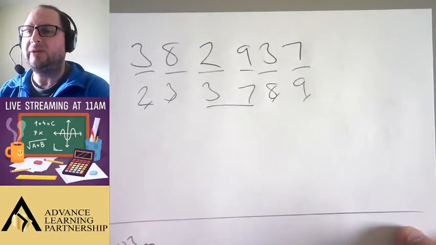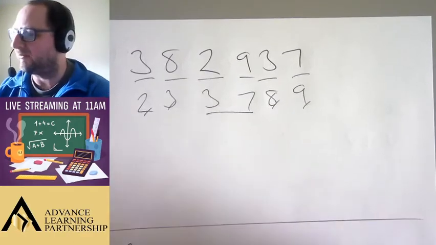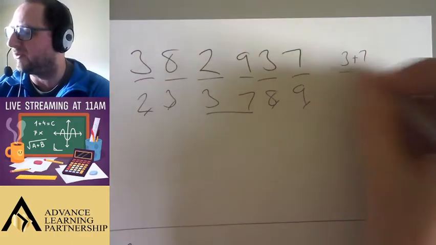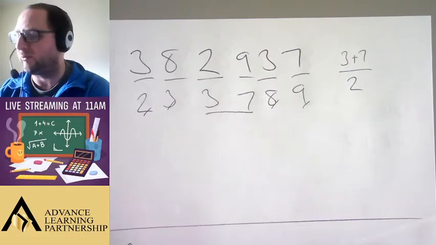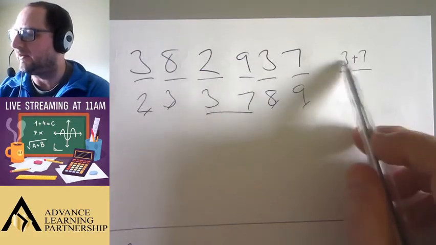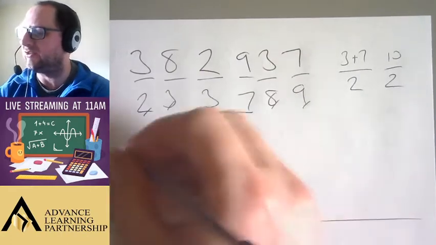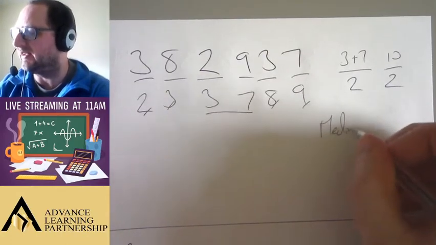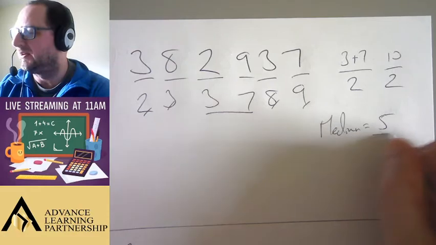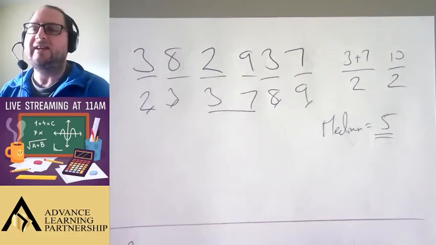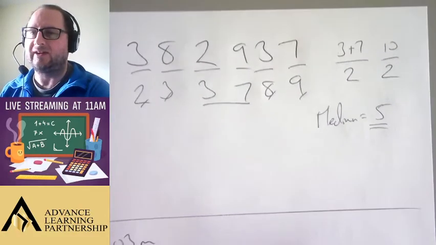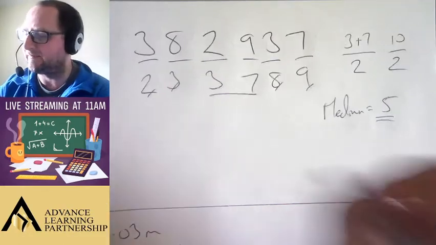And when you have to find the midpoint of two numbers, use a very straightforward process of adding the numbers together and dividing by 2. And on this occasion, the median is 5. So even though 5 is not represented in the data, that is the center of the data, that is the median value for that data.